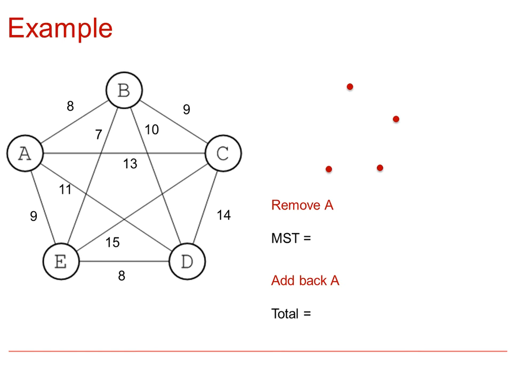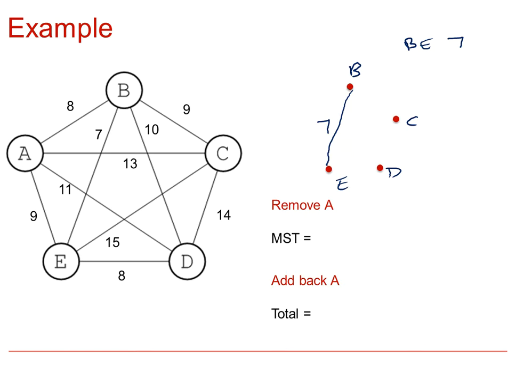Initially we're going to remove A, and this then leaves us with B, C, D and E. I'm going to use Kruskal's algorithm to remind you of how that works. So I'm going to look at that whole network and start with the smallest arc, and this is BE at 7.